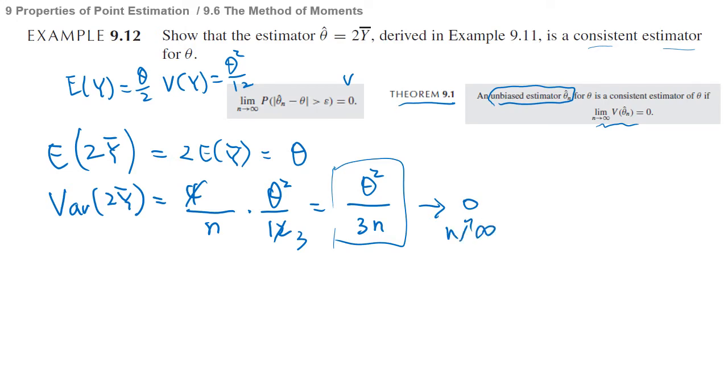As n gets large, this converges to 0. So using theorem 9.1, we can prove that our theta hat, 2y bar, is a consistent estimator.